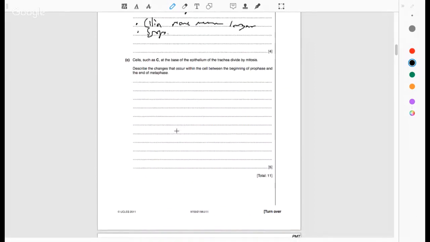Cells such as C at the base of the epithelium divide by mitosis. Describe the changes that occur within the cell between the beginning of prophase and the end of metaphase. Okay. So prophase.